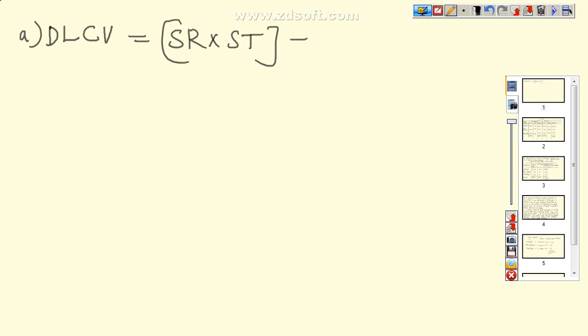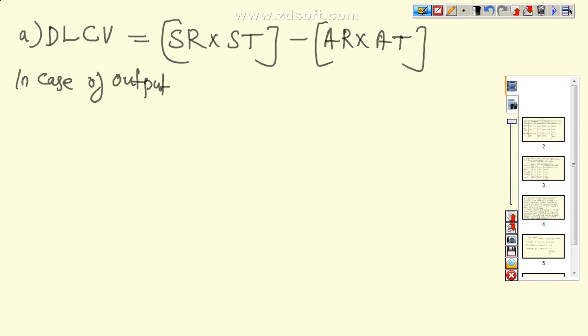So first we calculate direct labor cost variance, which is equal to standard rate multiplied by standard time minus actual rate multiplied by actual time. But we have to remember, in case of output, if output is given in the question, we have to make a change in this formula, meaning ST is equal to ST into AO upon SO.